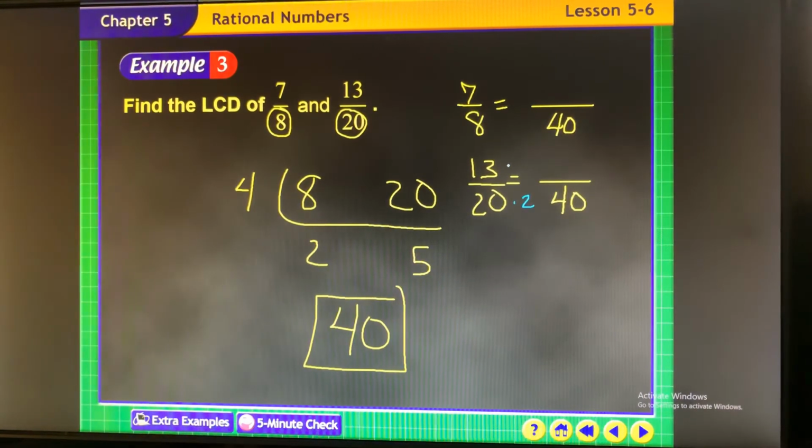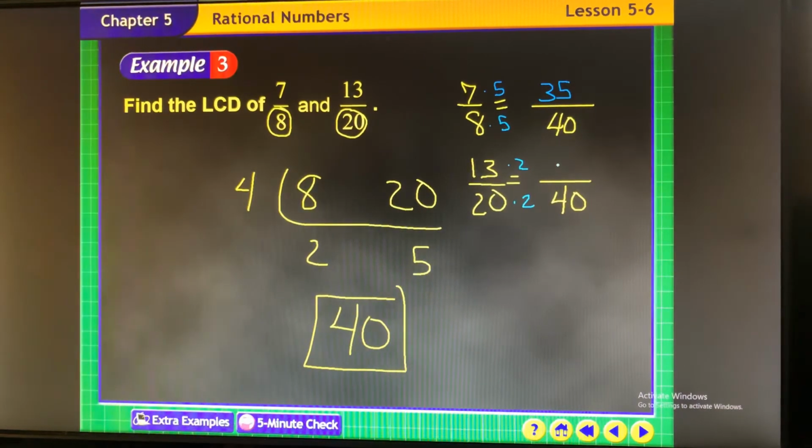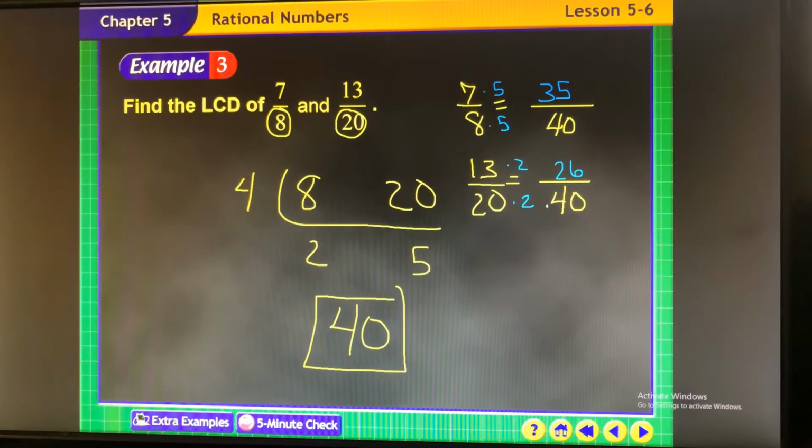Times 2, multiply this by 2. 8 times what is 40 is 5, multiply this by 5. And we will have rewritten our fractions to have common denominators. So then all we have to do is add 35 plus 26, 61 over 40. And then, of course, we would change that into a mixed number. So this is where we're going in the future.